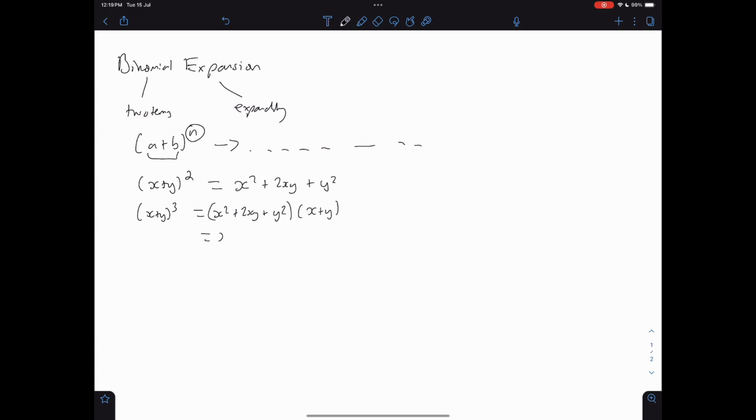So you have to multiply each term by x, which gives x cubed, 2x squared y, and xy squared. So you've multiplied everything by x. Now you have to do the same, but multiply everything by y. So you get x squared y, 2xy squared, and another y cubed to finish.